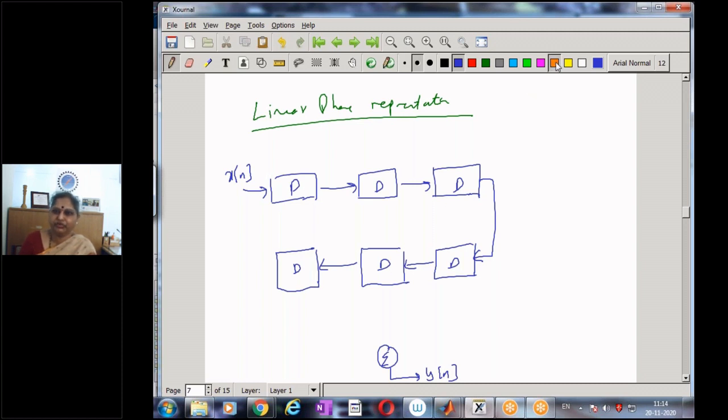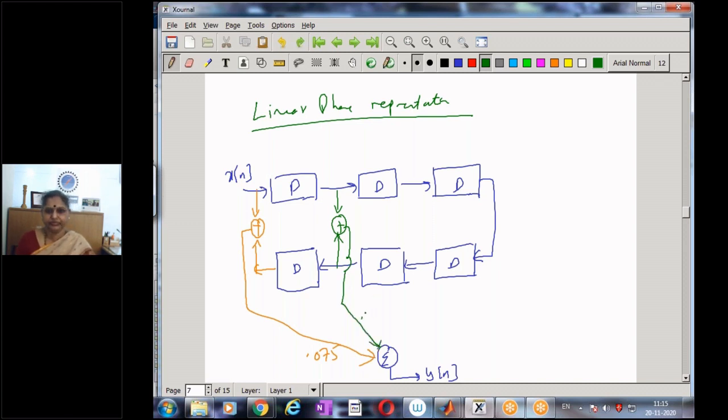What we found is the first element and the last element both have a gain of 0.075, so I multiply by this gain. The second and the second last element both had an identical gain of 0.159.